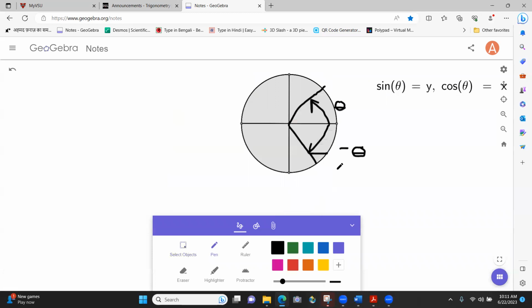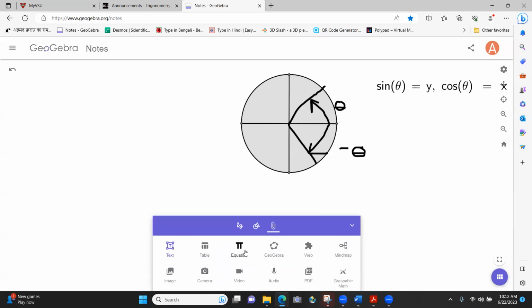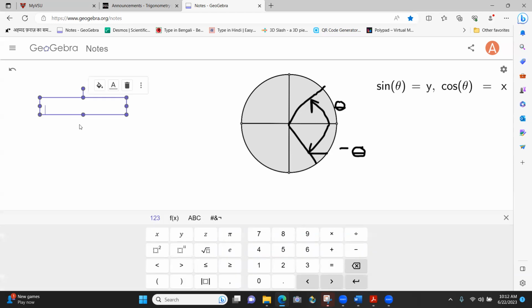Okay. That tells me that cosine theta, the x coordinate, is going to be the same whether theta is positive or negative. So this is unique to cosine theta and cosine's reciprocal. Cosine theta is equal to cosine negative theta.